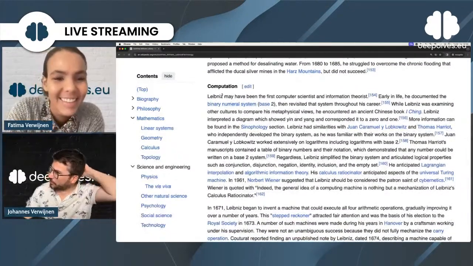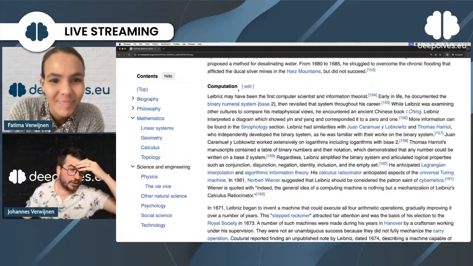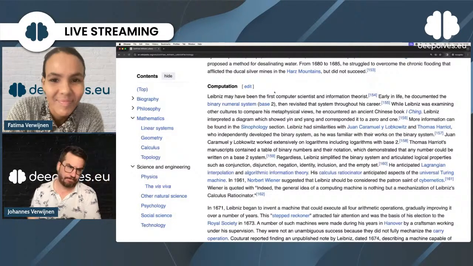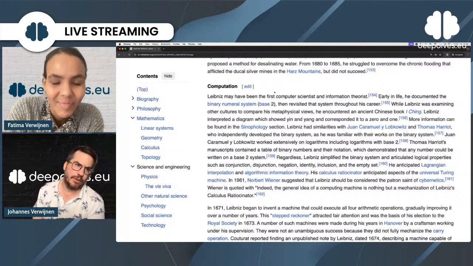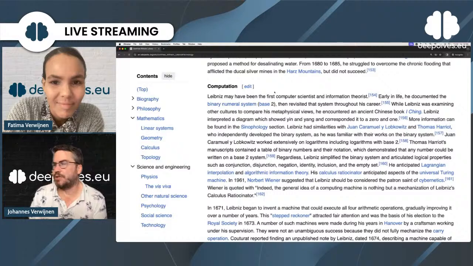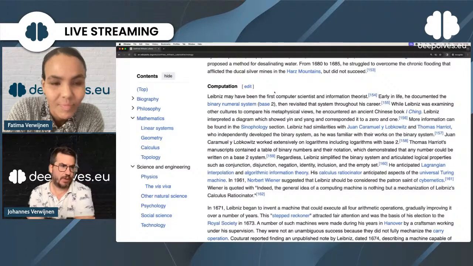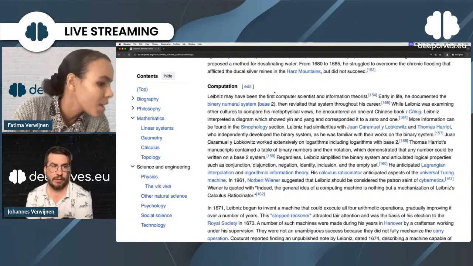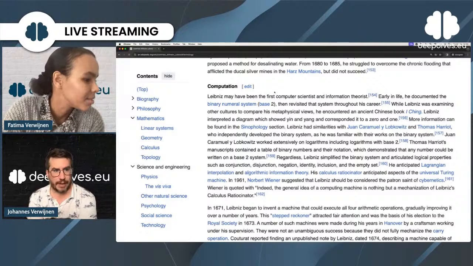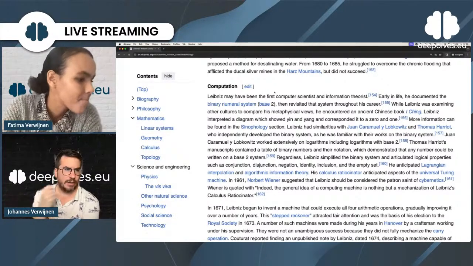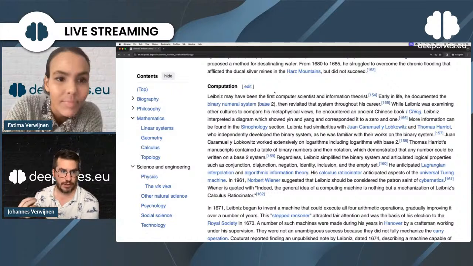What is interesting here from the computation point of view is that Leibniz also apparently introduced the binary numeral system first. That doesn't really matter that much in this case, but otherwise it would be impossible for us to do things with electronics.